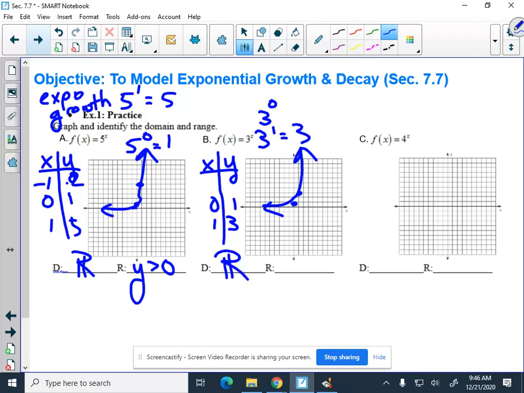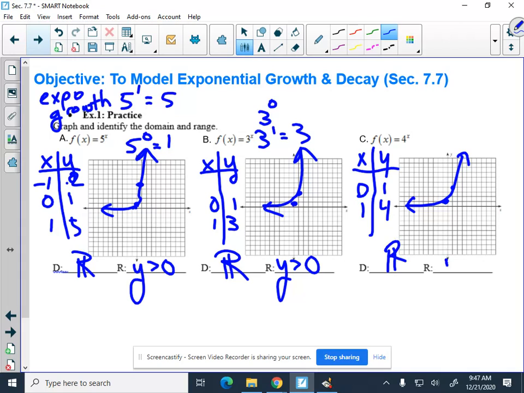The domain, again, is all reals. The range, y is greater than 0. 0, 1, 1, 4, all reals, y is greater than 0.